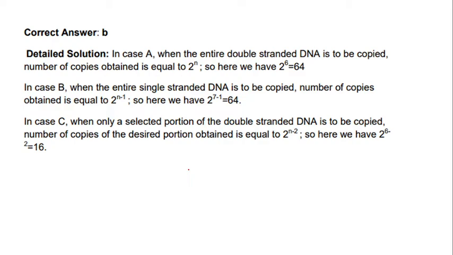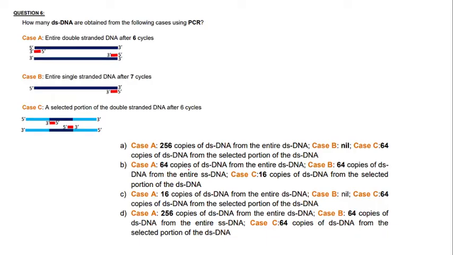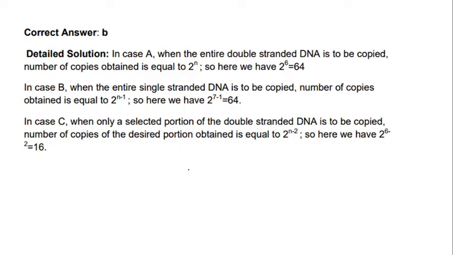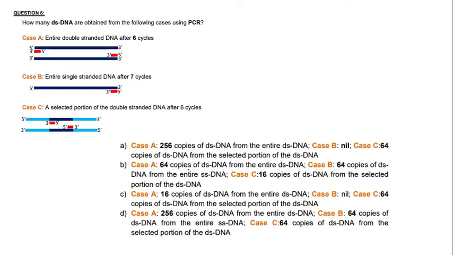when the entire double strand DNA is to be copied, so in case A it is saying this, you need to copy this entire double strand DNA after 6 cycles. So in each cycle, the entire double strand DNA will be copied. So the number of copies obtained is equal to 2 to the power n, whereas n is the number of cycle. So 2 to the power n, how many number of cycles are there?